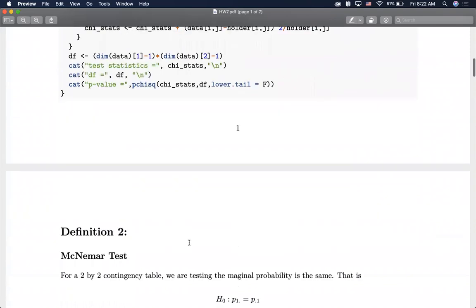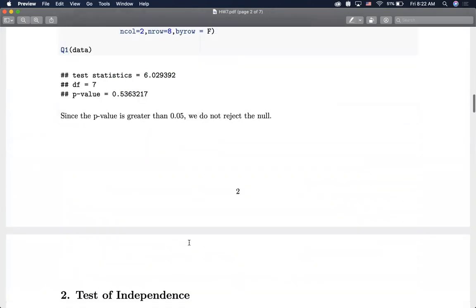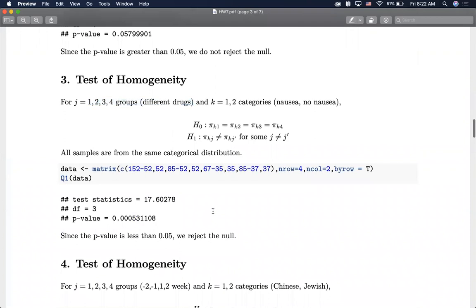But the idea is the same. You can just flip that table and you'll get the same result. Just recognize that the group is for the different drugs, and the category is yes or no. And we are testing that the distribution of yes and no is the same across different groups. So that's why we want to test that the probability of yes across the 4 different groups is the same, and the probability of no is the same across different groups. And the alternative is that at least one of them is not equal.